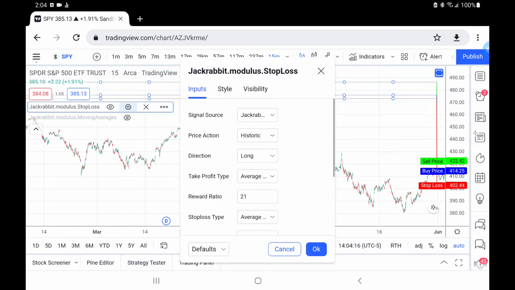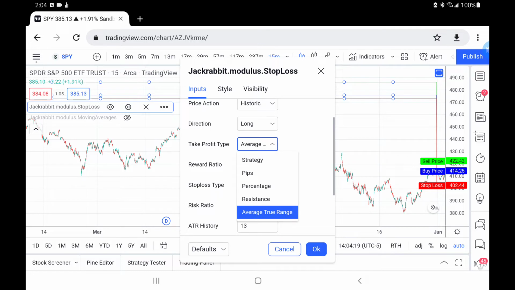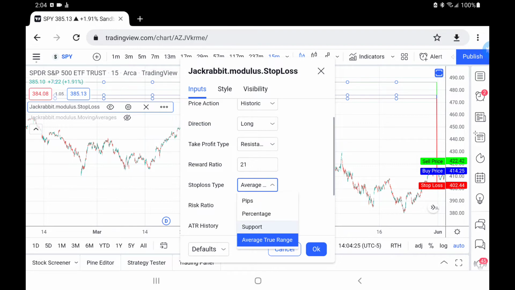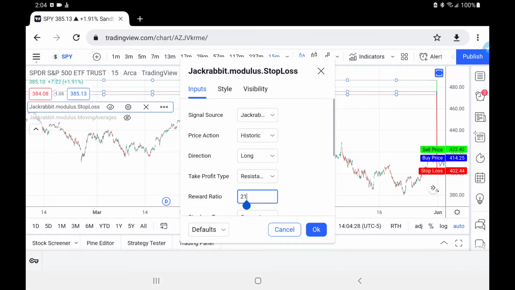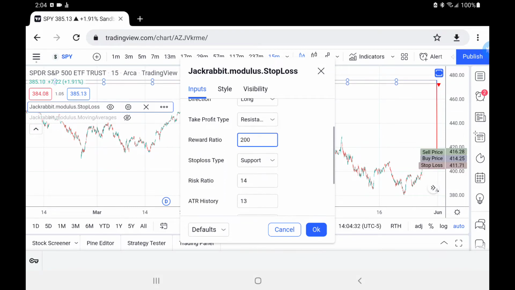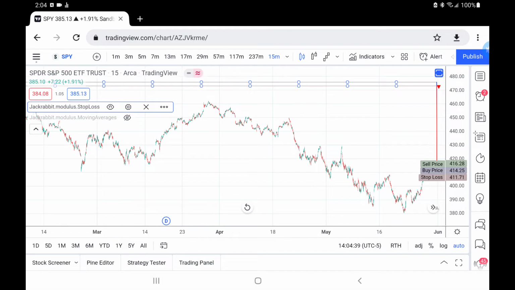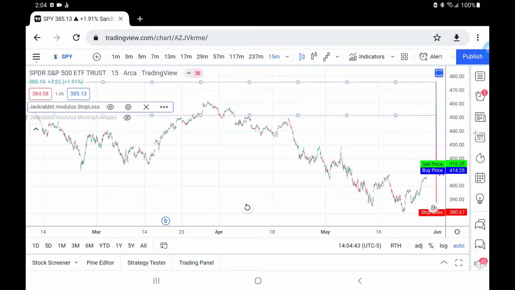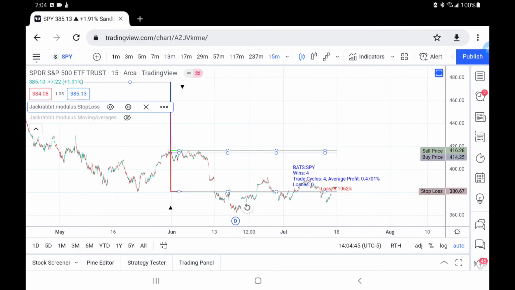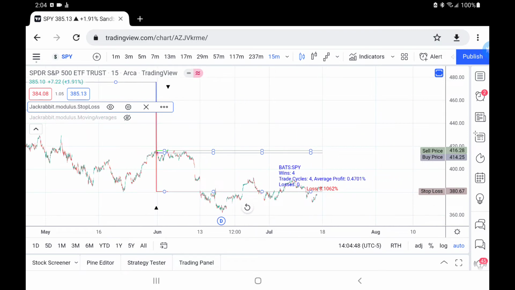Let's try the last one. Support and resistance. And this is represented in number of candles. And of course, you can change the ATR length. Now that works.